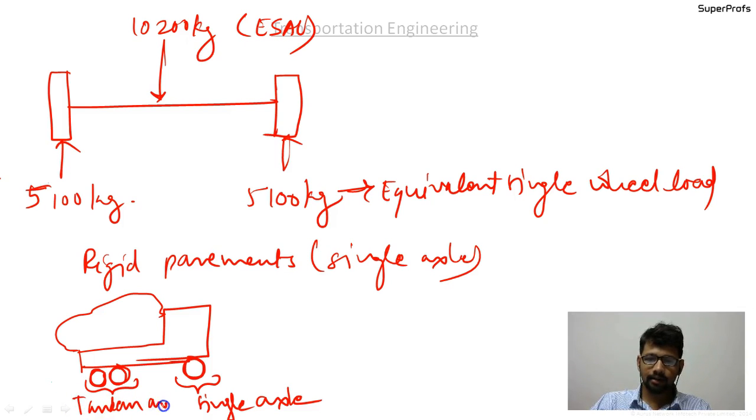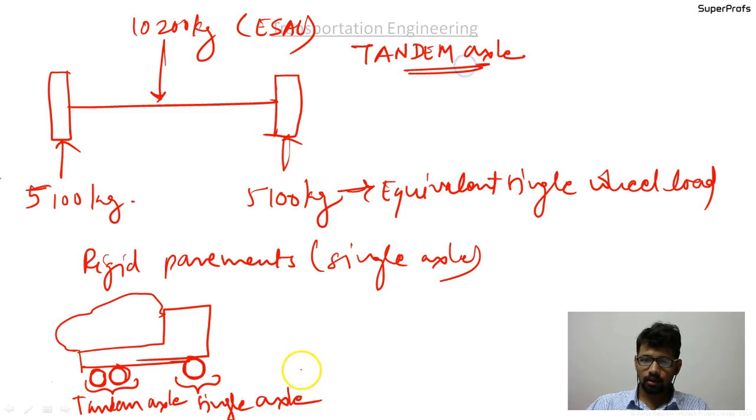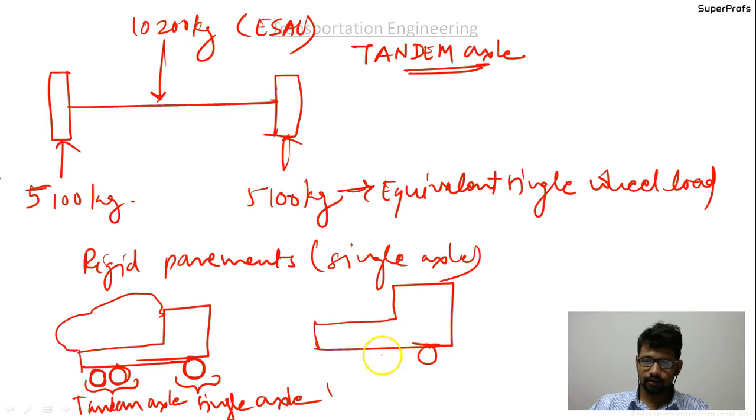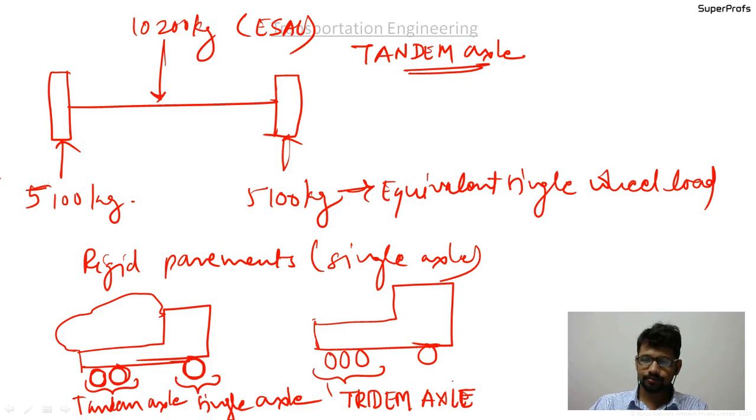Tandem, if you are not able to see the spelling, I am writing here: tandem axle. If there is a truck with three axles over here, then it is a tridem axle.